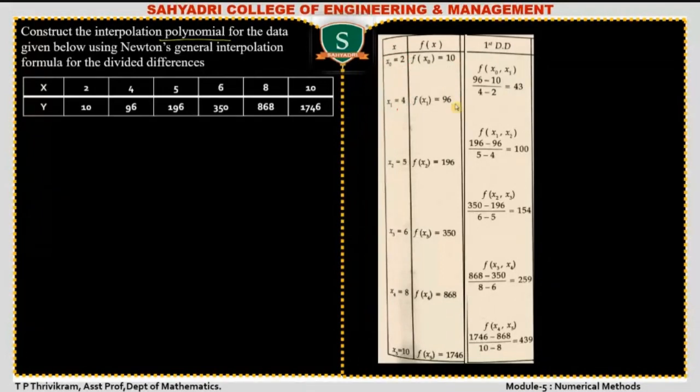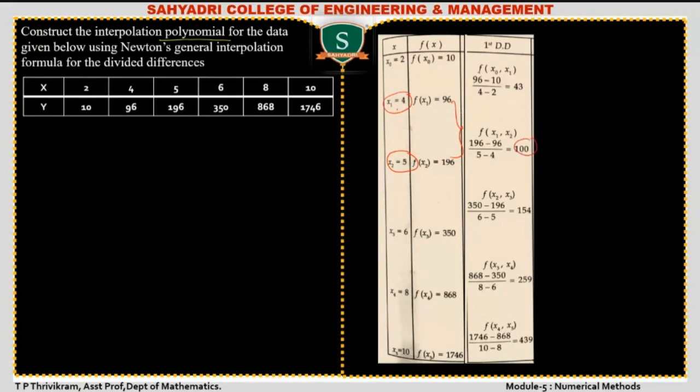Next, 196 minus 96 is 100, and 100 by 5 minus 4, which is 1, gives 100.